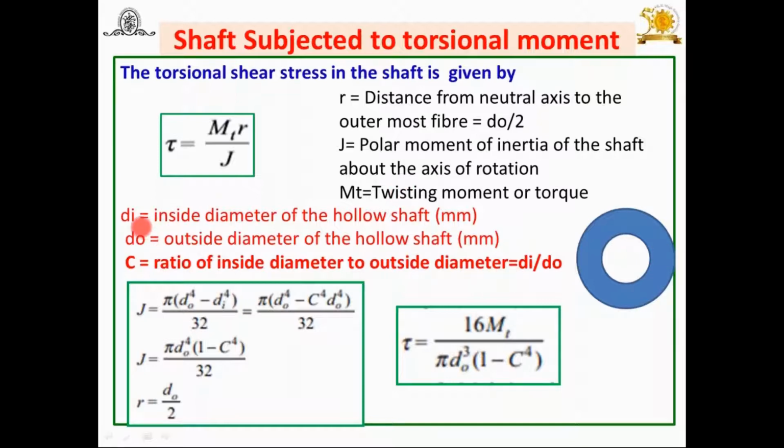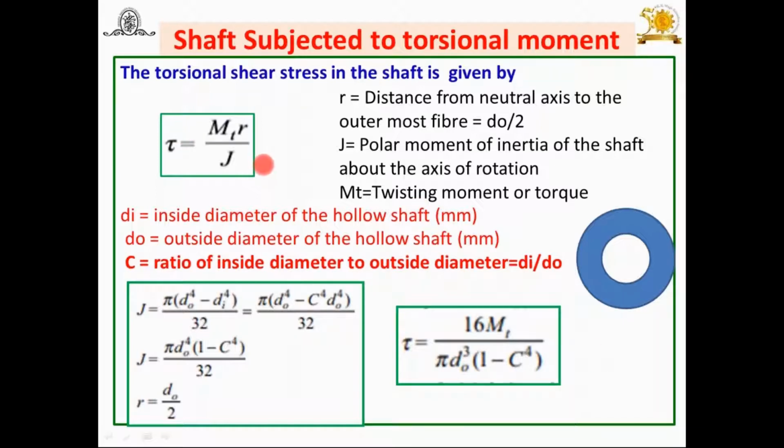Here I have written small di is the inside diameter of the hollow shaft and dO the outside diameter of the hollow shaft. In some of the cases the ratio is denoted by C. Look at this C. C is the ratio of inside diameter to outside diameter. That means di upon dO is the capital C.